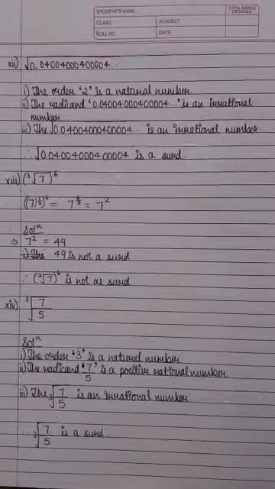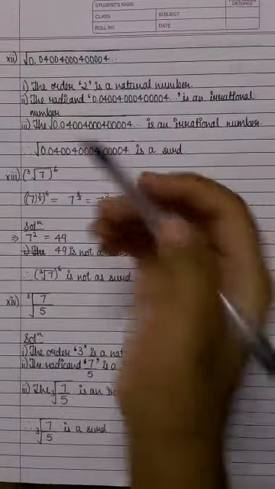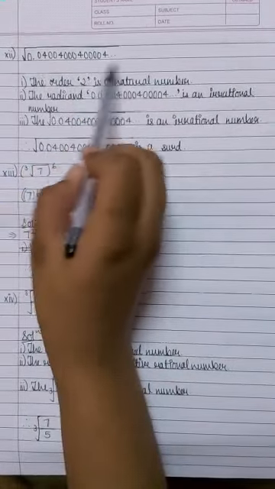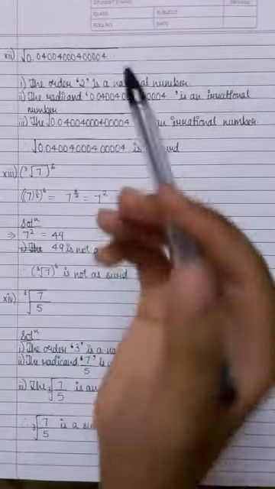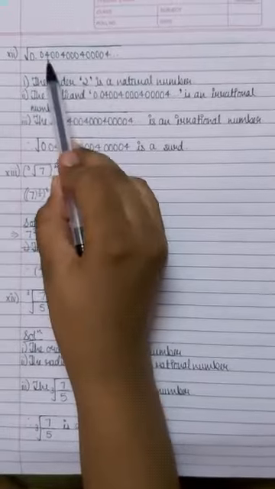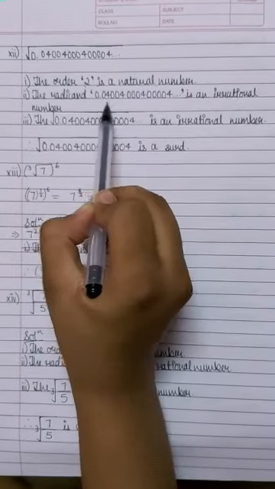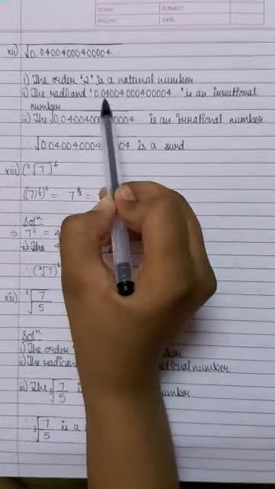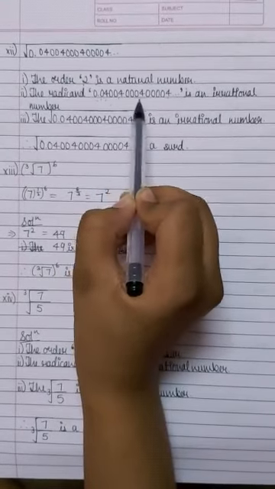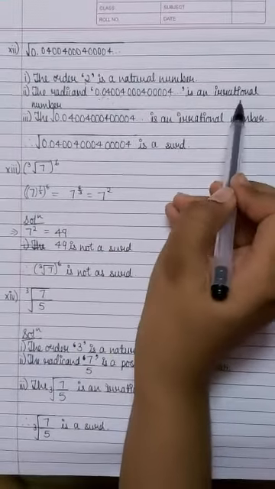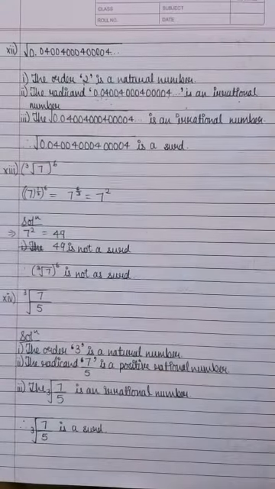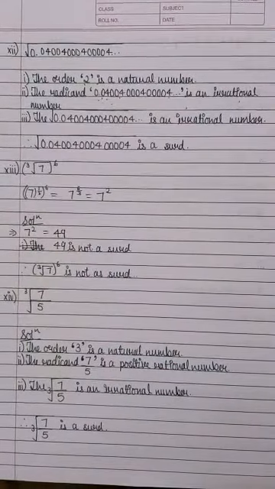So guys, let's move on to the 12th sub question. Now the number in the question is too long. The order 2 is a natural number and the radicand 0.04004004... is an irrational number. You can say this because it's non-repeating and non-terminating.